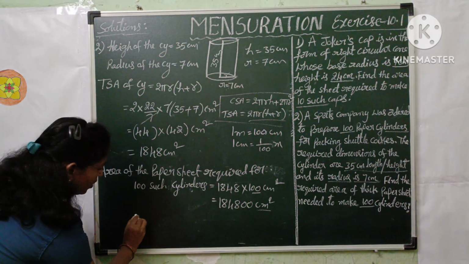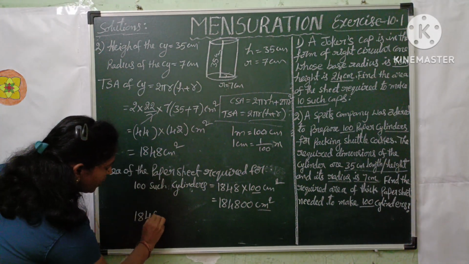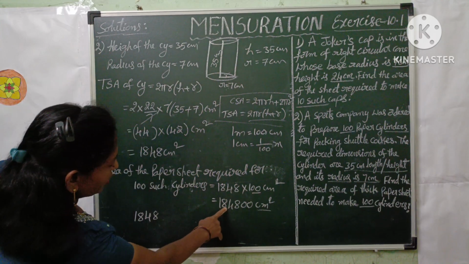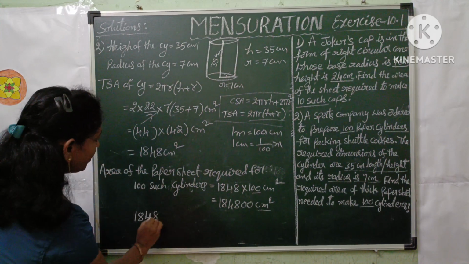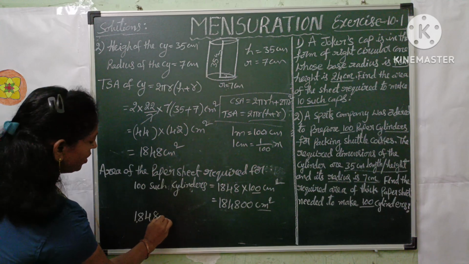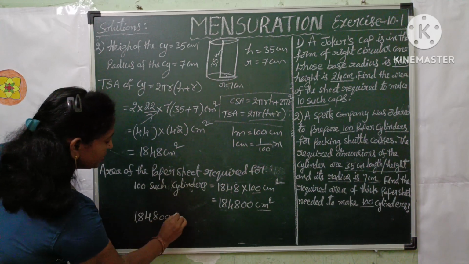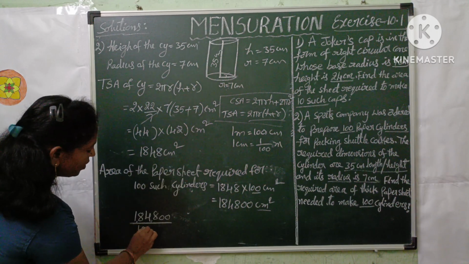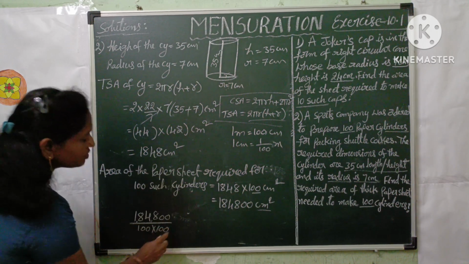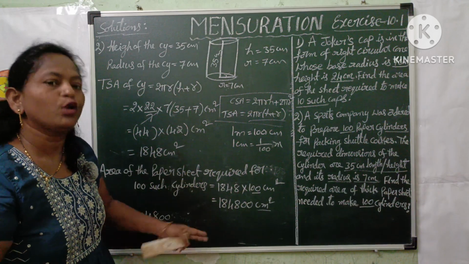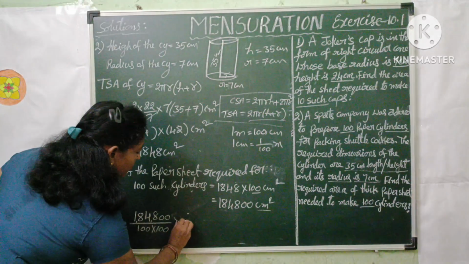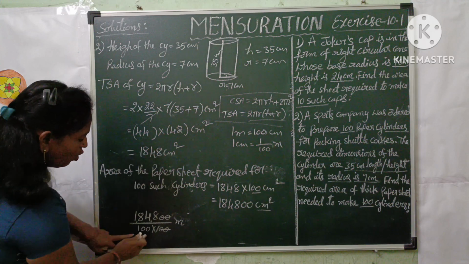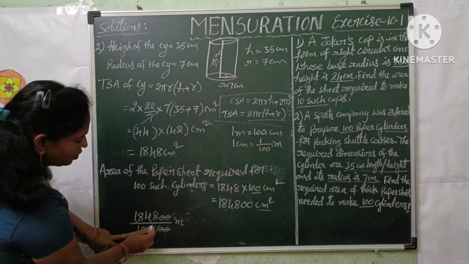So 1848 with two zeros, 1,84,800 centimeters here by 100 into 100. Why? Because we are converting centimeter into meters. Here zeros cancel. And how many zeros are there here? 2 zeros.